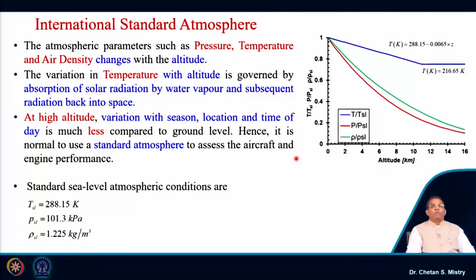In order to evaluate the performance of our aircraft engine, we need to use this standard atmospheric condition. As and when required, we will discuss how these parameters affect the performance of our engines.